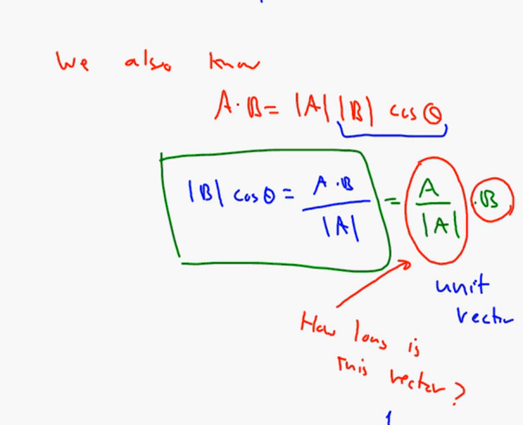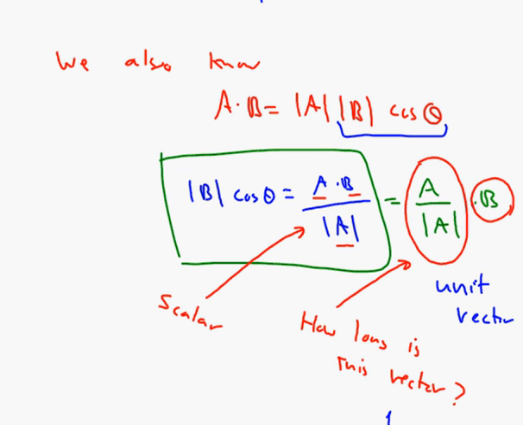So one final statement to make. If you think about this quantity here that's in the green box, it's equal to A dot B over the norm of A. And we know that A dot B yields a scalar, and norm A is a scalar. So when we're all said and done, this is a scalar.